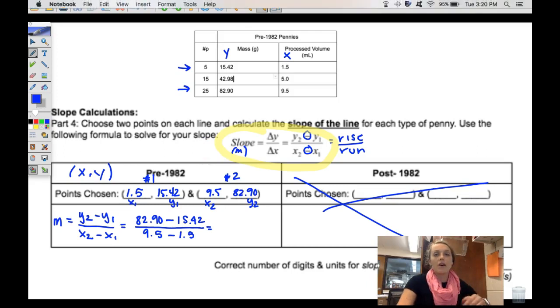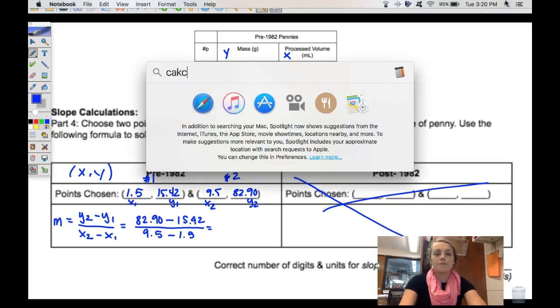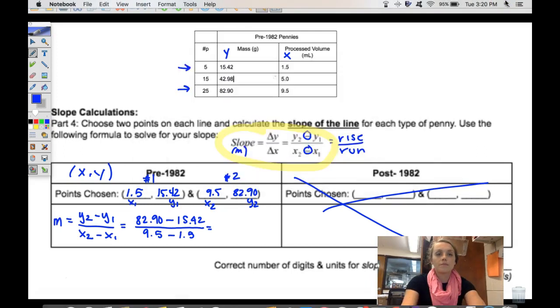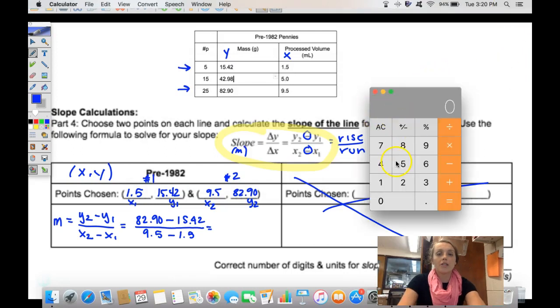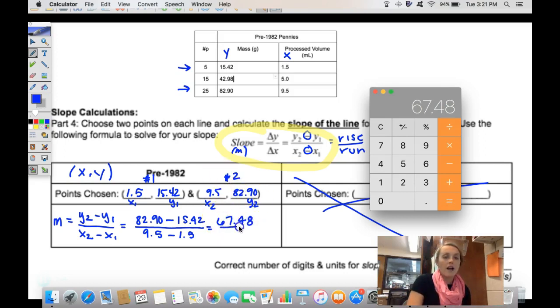So I'm going to take my calculator, and I'm going to do the subtraction first. So 82.9 minus 15.42. So our top number is 67.48. And then we're going to do the bottom part. And 9.5 minus 1.5 is equal to 8.